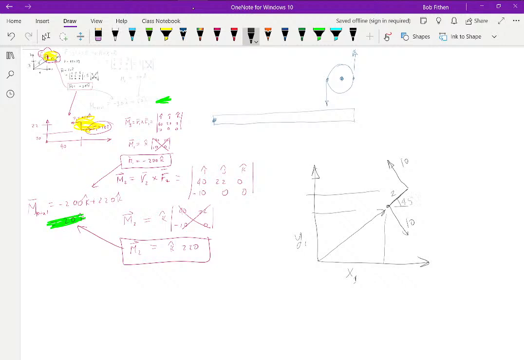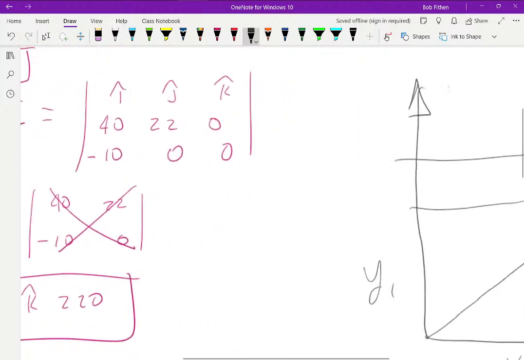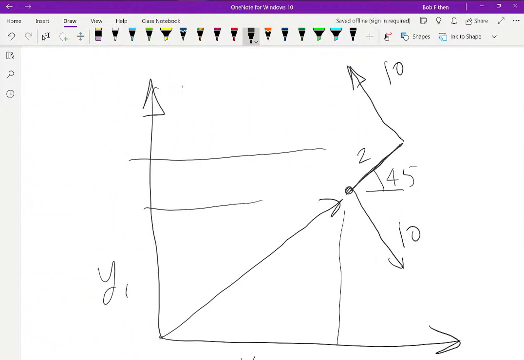So then, if I zoom in here, if it is 45 degrees, then this distance and this distance are equal, and they are 2 over square root of 2. If you take the square root of 2 squared plus square root of 2 squared and take the square root of it, that sounds confusing, doesn't it?